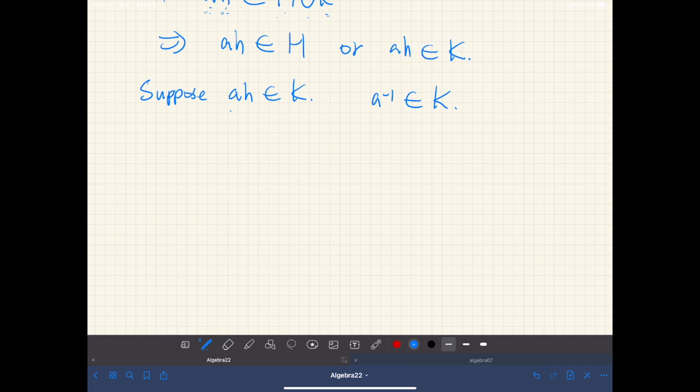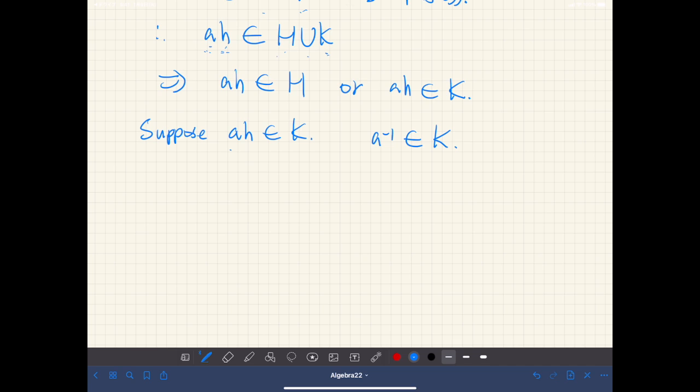Then, if that's the case, if we multiply ah by a inverse from the left, then a inverse times ah is equal to a inverse a h by associativity, which is the identity element, and identity element times h is just h.